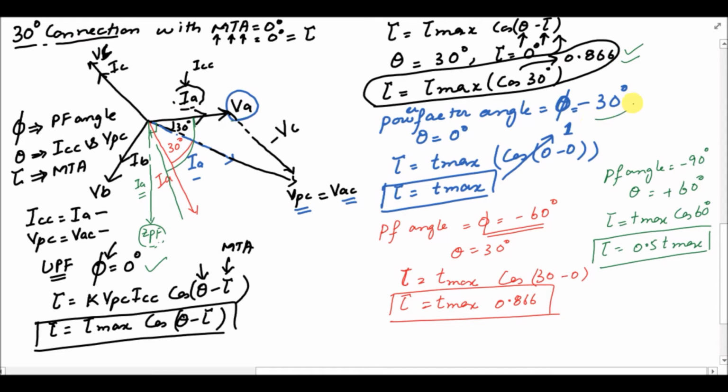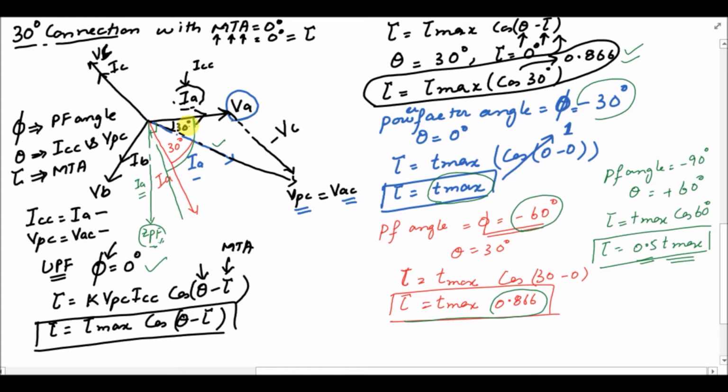At power factor angle of minus 30 degree, which is this one, we have the maximum torque that is being applied over the disk, and at angle minus 60 degree of the power factor angle, the torque is 0.866 times. And lastly, for the 0 power factor angle, the torque is 0.5 times the maximum torque value.